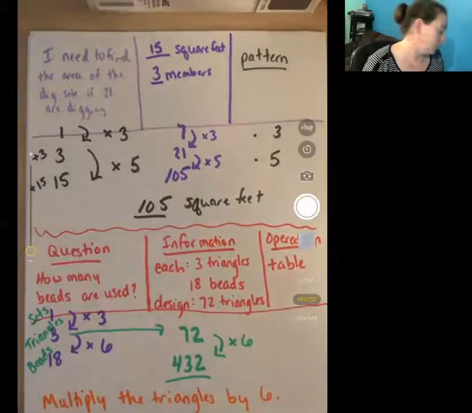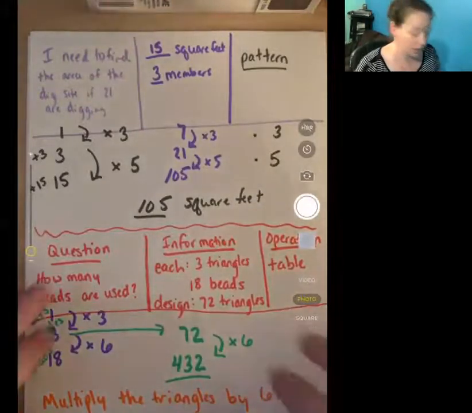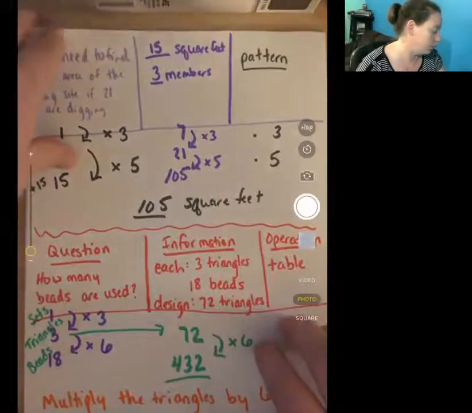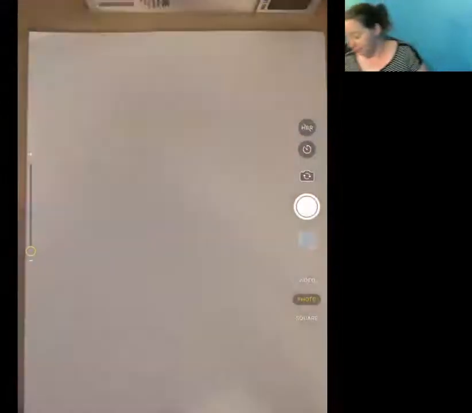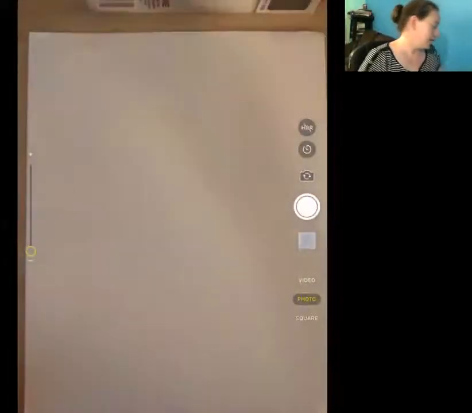I am moving on to the share and show on page 413. Number 1, Max builds rail fences. For one style of fence, each section uses 3 vertical fence posts and 6 horizontal rails. How many rails does he need for a fence that has 27 posts?